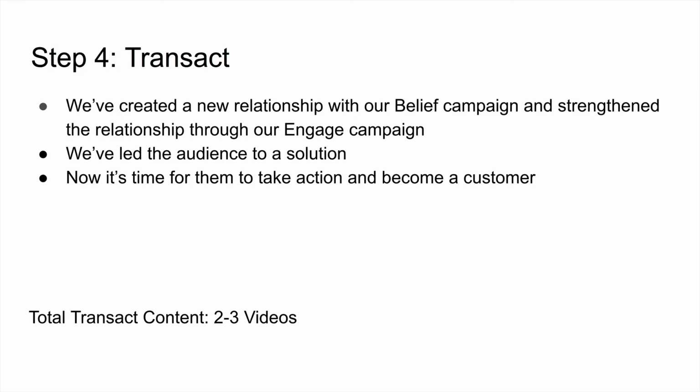And again, we've created the relationship. We've led them to this point, now is a time where we can put a little bit more pressure on them to take action and become a customer of ours. Again, we use 2 to 3 different types of videos, and let me just take a quick step back. When I say videos, this is posts like this.